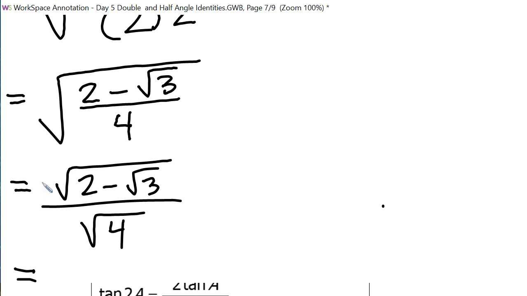And what's the square root of 4? 2. And that's the final answer. We'll leave our answer like that. So make sure in your final answer, you don't have a perfect square in the denominator of a square root. And make sure you don't leave a fraction inside of a fraction.